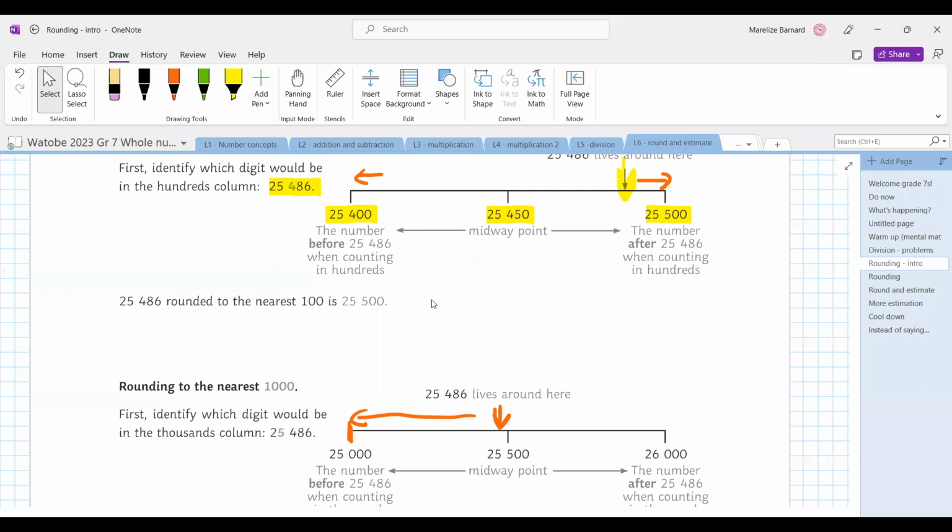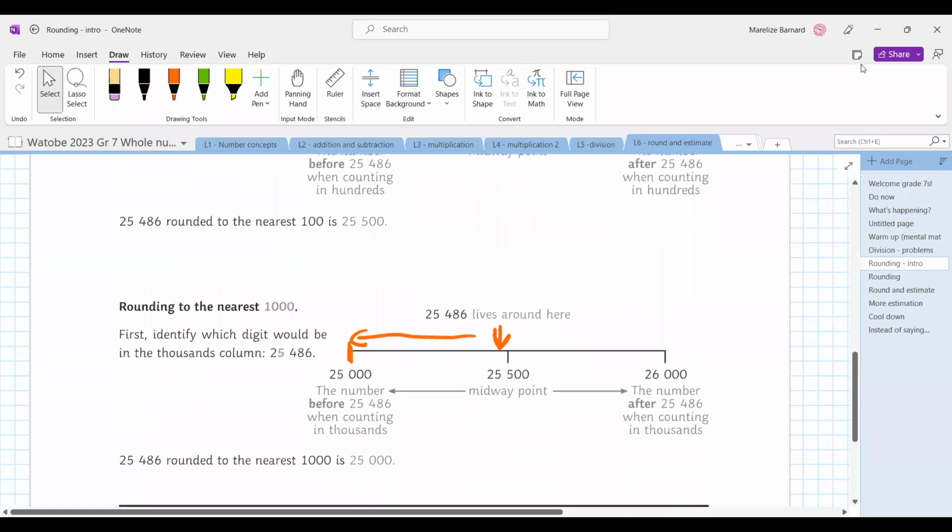If you're rounding to 1,000, you don't have multiples of 100 in your answer anymore. So again, get into the habit of checking. Don't always rely on other people to check your answer for you. You can check, okay? So check that it makes sense.